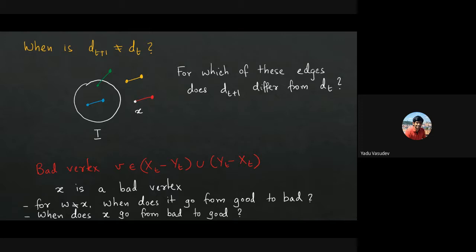So every vertex apart from X is a good vertex. Now you want to check for any vertex not equal to X, when does it go from being a good vertex to a bad vertex, and when does X go from being a bad vertex to a good vertex? Going from bad to good means either it goes into I or it just gets thrown out from YT also. So these are the two things that we need to analyze.